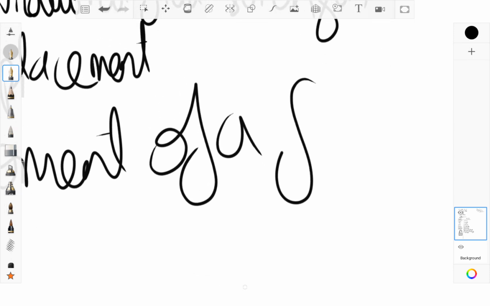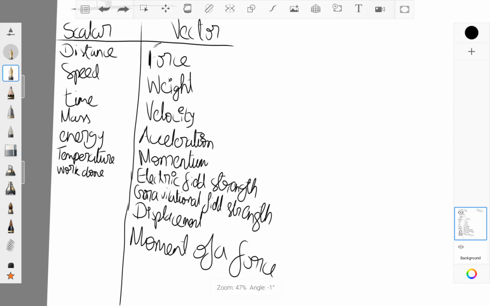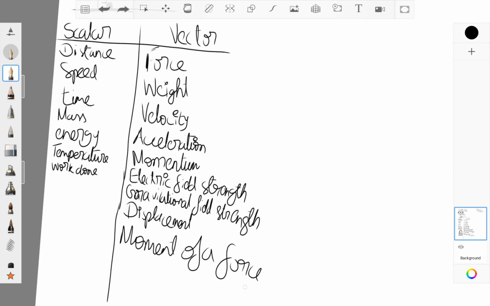Also, quick note, the moment of a force is not the same thing as momentum. You'll see why later on. Yeah, so these are the vector quantities that you must know. Again, these vector quantities have both a magnitude and a direction, whereas the scalar quantities only have a magnitude.